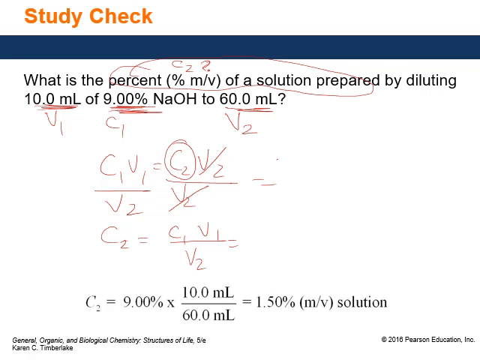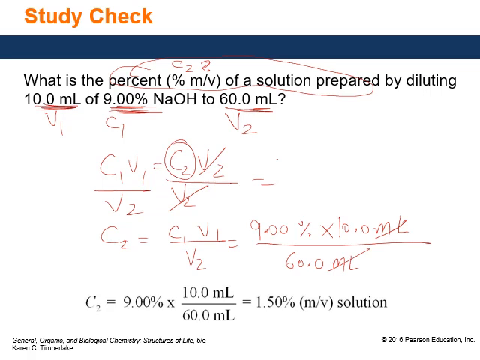C1 was right here 9.00%, times V1, which is 10.0 ml, divided by V2, which is 60.0 ml. Again, see ml is the same, so I can cancel it out. If one of these was liters, we would first convert that into ml.